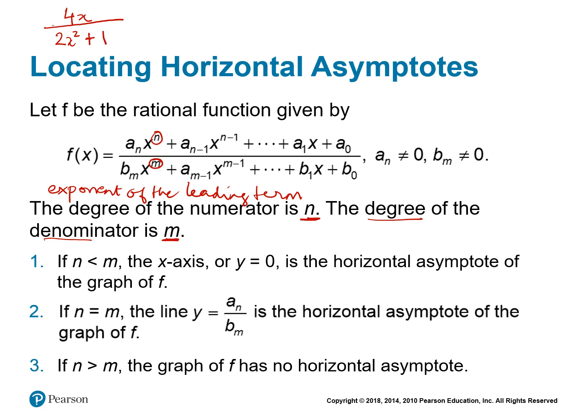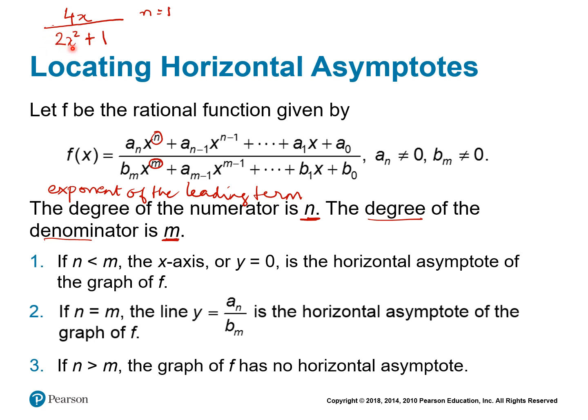So we first note the exponent of the leading term. There's only one term in the numerator, correct? There's only one term in the numerator and its exponent is 1. So n is going to be 1 in this case. n equals 1. And in the denominator, which we denote by the letter m, the exponent is 2.